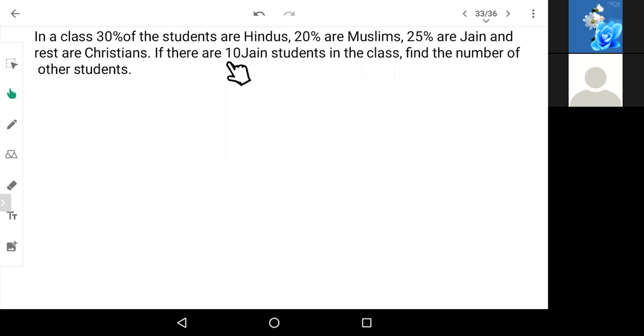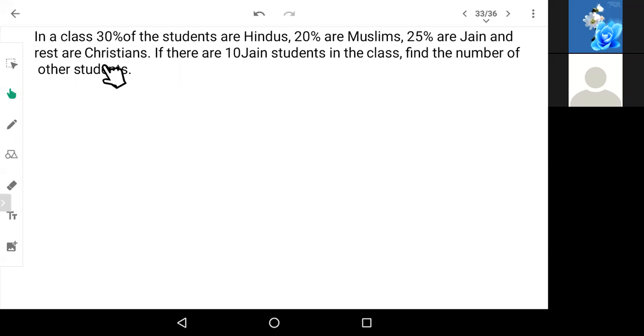If there are 10 Jain students in the class, find the number of other students. So the Christians' percentage of students is not given to us.